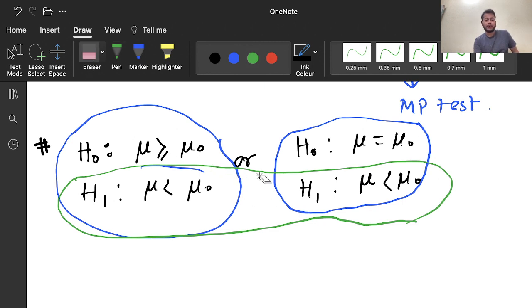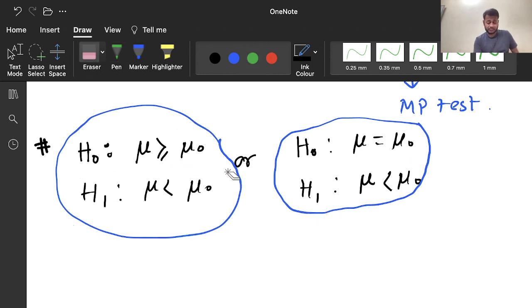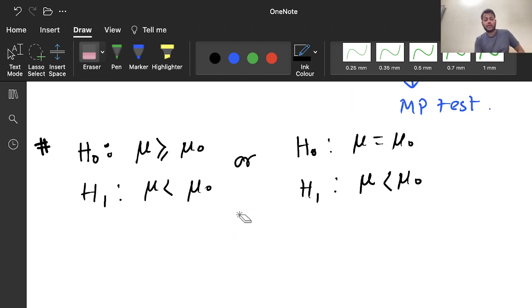So depending on the alternative hypothesis, we choose a test which will say whether we reject the null hypothesis or we can't reject it within the given size alpha. So let's do it. Here it is said that mu is less than mu 0.